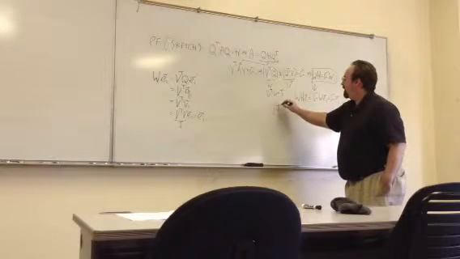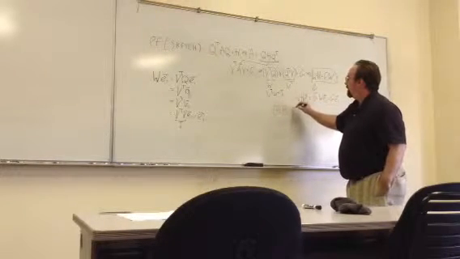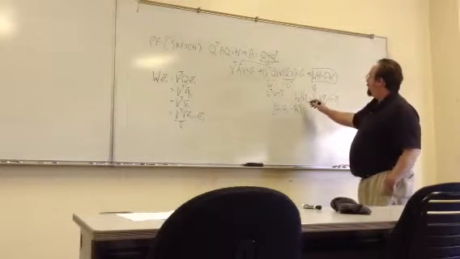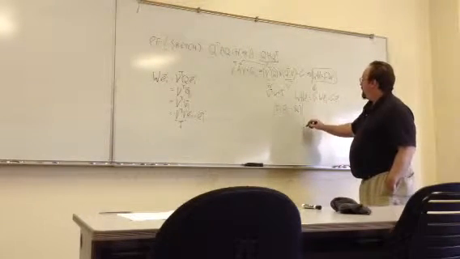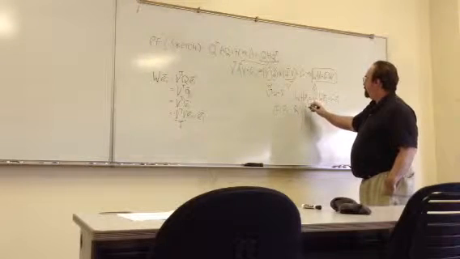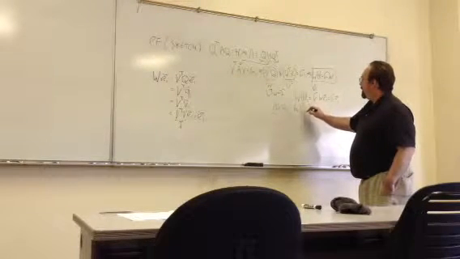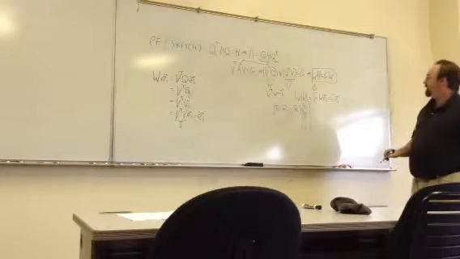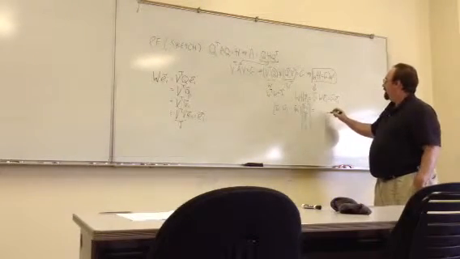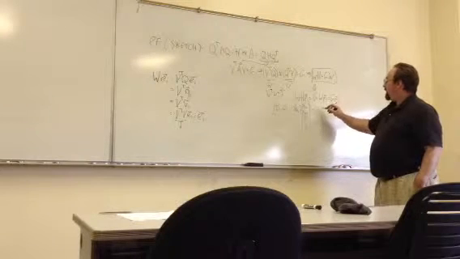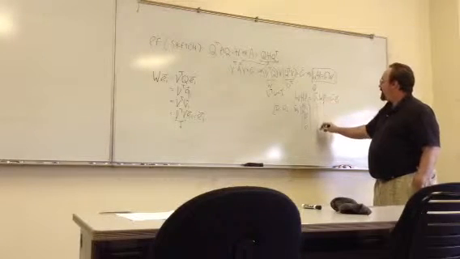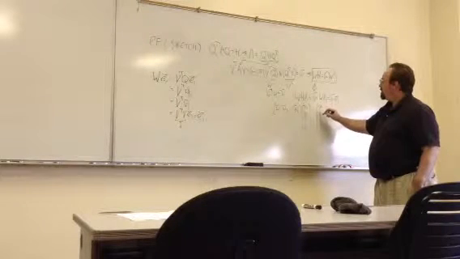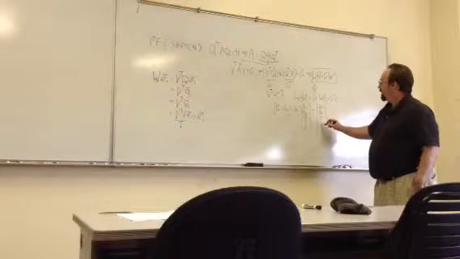I have W1, W2, and so forth, Wn. And then I have my first column of H, so that's H11, H21, all zeros. And then I have the first column of G, so that's going to be G11, G21, all the rest zeros.